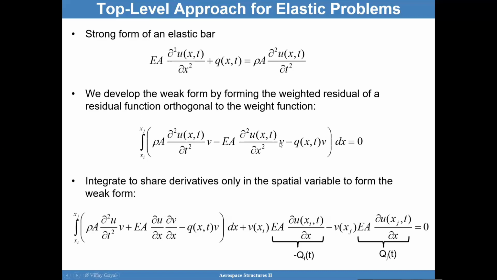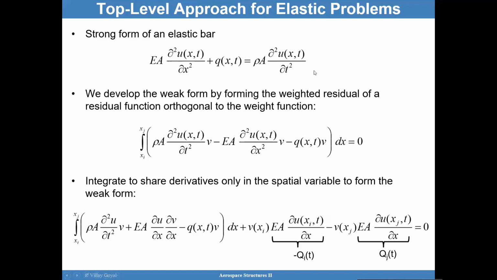What I want to do is minimize the error by making it orthogonal to v, and v is a weight function we're selecting. By integrating this over the domain, on average, I want my error to be equal to 0.